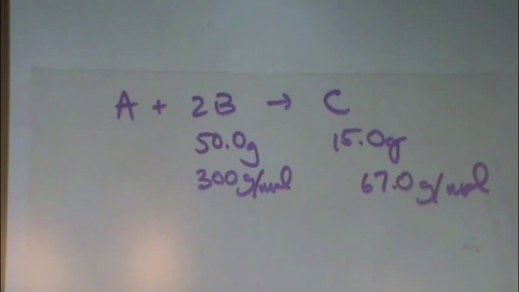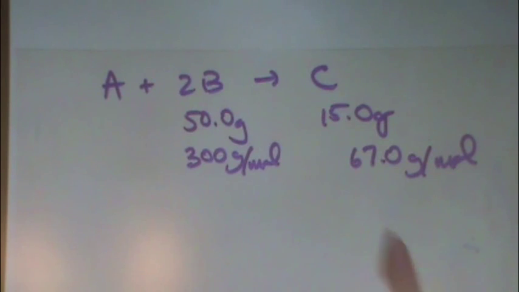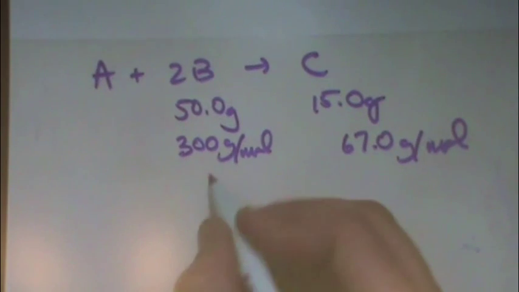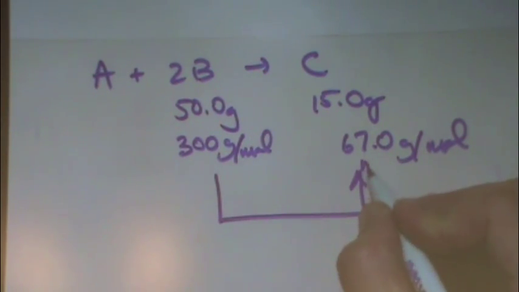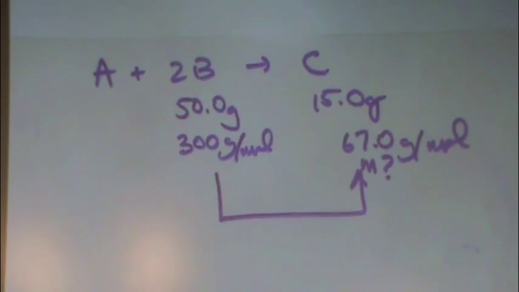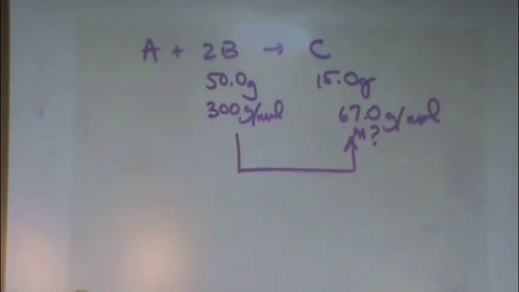Did I miss something? No? Okay. So they're asking me how much C did I make. It's not 15. What's 15? Yeah, the isolated actual. So I'm looking for mass, but not that mass. This is one of those variants I told you about.